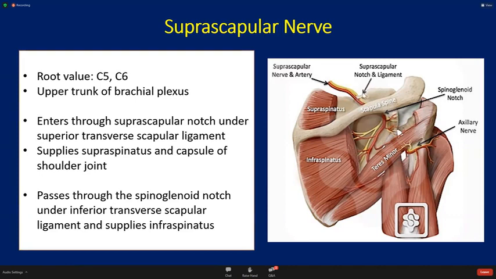So people who have hypertrophy of the muscle or repeated throwing activity can be predisposed to compression of the nerve at the suprascapular notch, and the weakness of supraspinatus, which is the first 15 degrees of shoulder abduction, will be the presenting feature, along with weakness of infraspinatus, which is an external rotator.